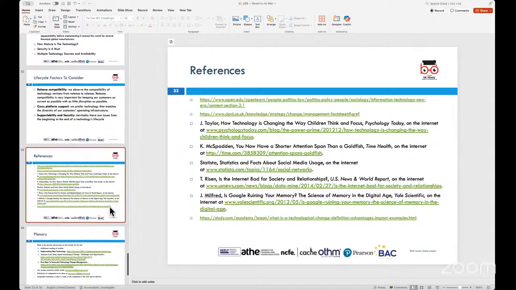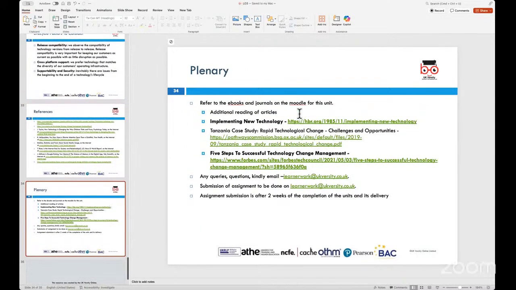There are some articles in PDF which I've given, and some articles which I've given here, which I would suggest you read, like the Harvard Business Review on implementation of new technology. There's a case study on rapid technological change and challenges and opportunities, and then the 5-step change methodology, which has been employed by an organization by taking the change management models that we've discussed.